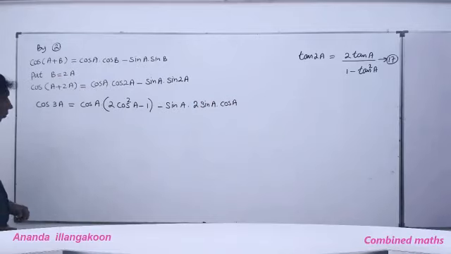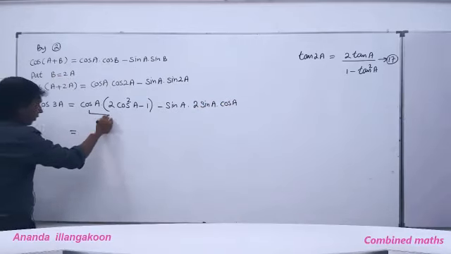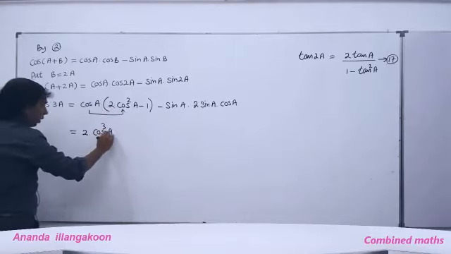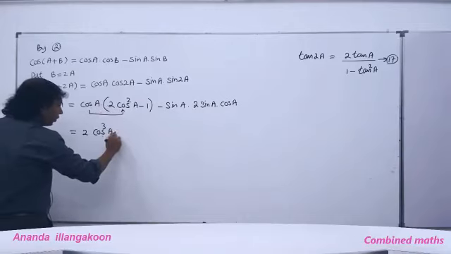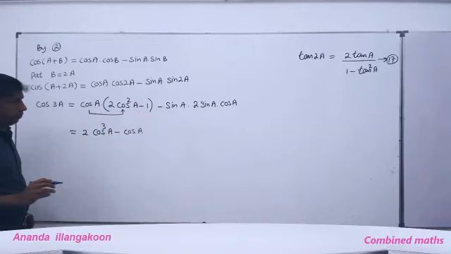Okay. Now, people, we can simplify this. Multiply this: cos A into 2 cos squared A is 2 cos cube A. Cos A into minus 1 is minus cos A. Right.